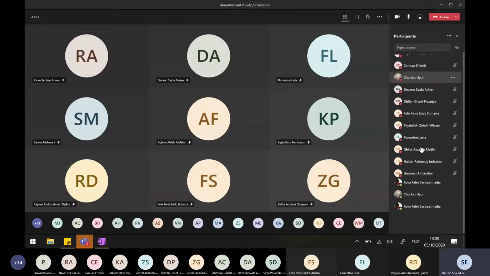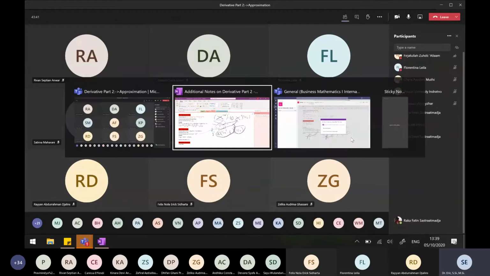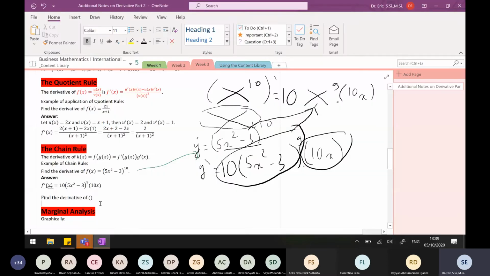Which one do I have to choose? Raka Fatin, Sastra Atmaja. Raka, yes, sir. I think you have to turn it on. I don't have my camera. No, not your camera. Your sound is too small.